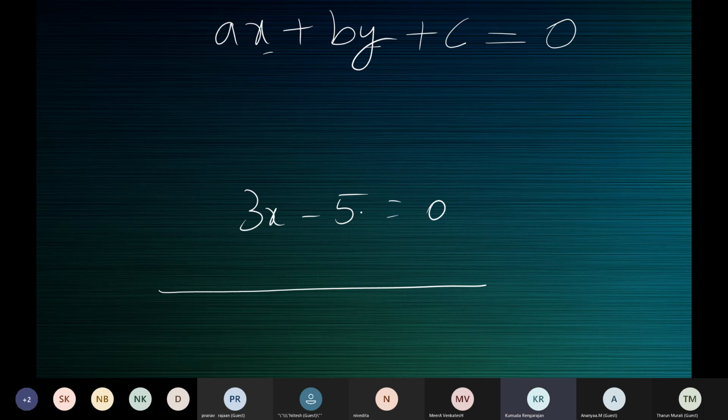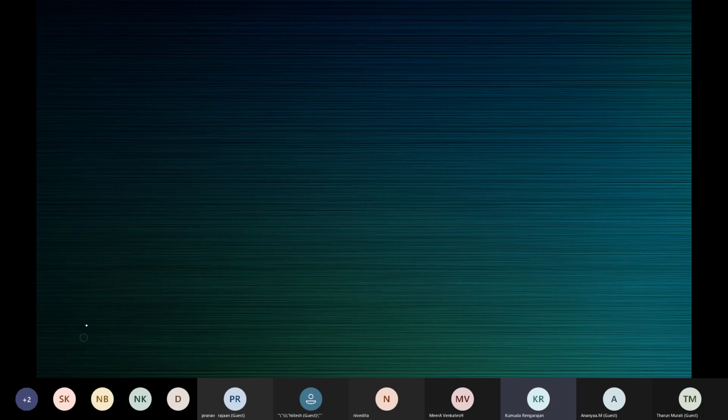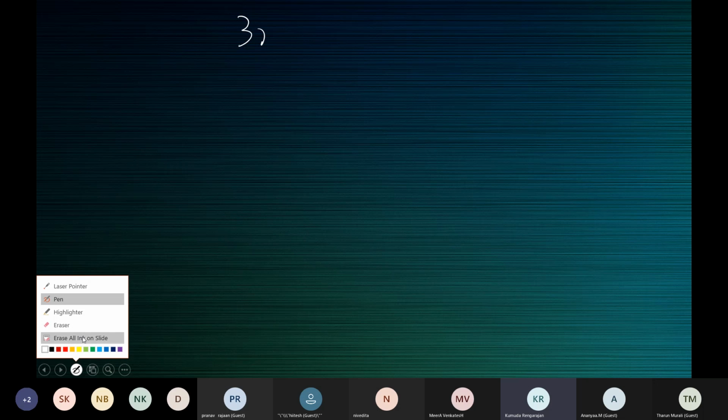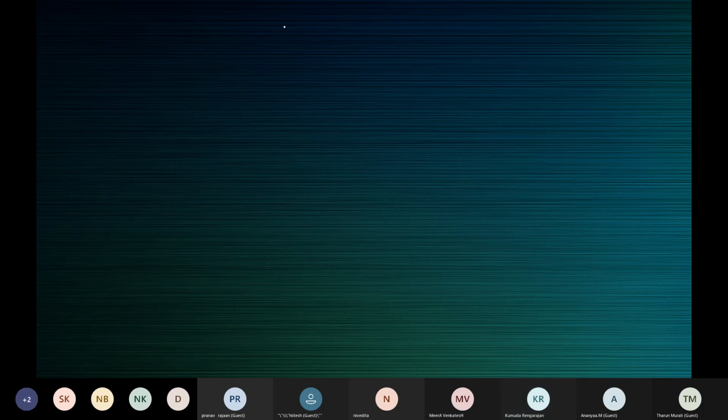Last year, how did you represent this? By a point on a number line. Let me take something which I can plot. Say, 2x minus 11 is equal to 0.